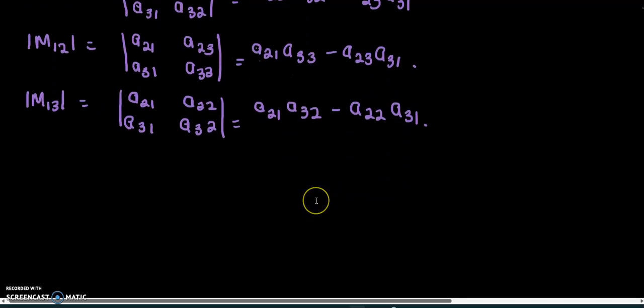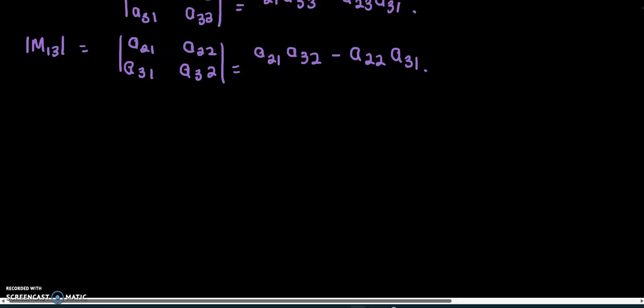Now, what we also need to establish is something called the cofactor, or signed minor, of aij.